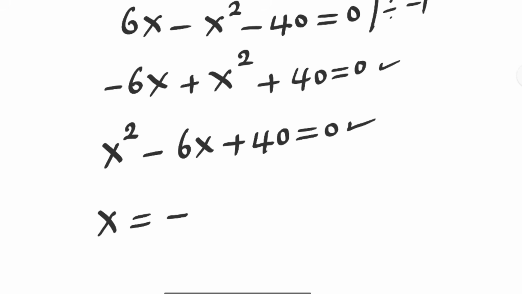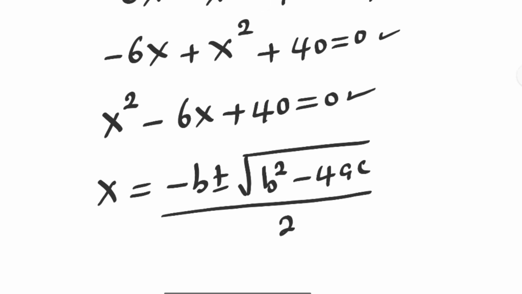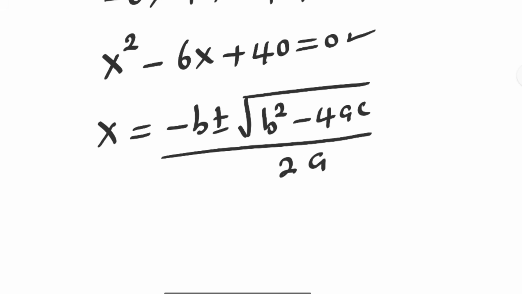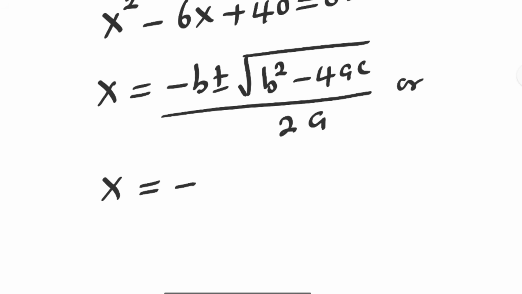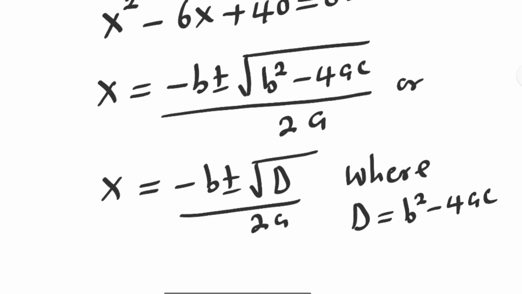x is equal to minus b plus or minus square root of b square minus 4ac, divided by 2a, or x is equal to minus b plus or minus square root of discriminant divided by 2a, where discriminant d is equal to b square minus 4ac.